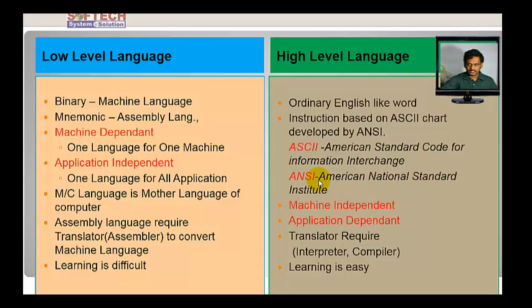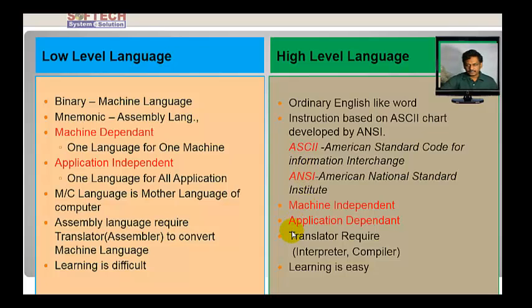If we write a program in one language, we can use this program on all machines. That is one language for all machines. So the demerit of low-level languages, being machine dependent, is overcome. High-level language is machine independent because of the ASCII chart.